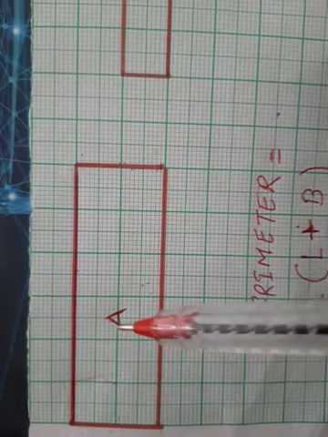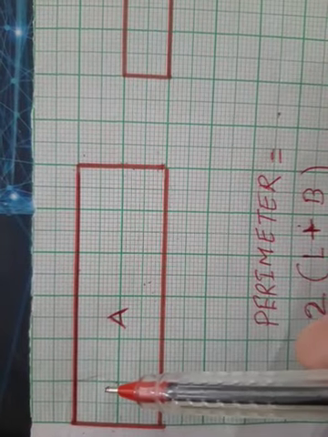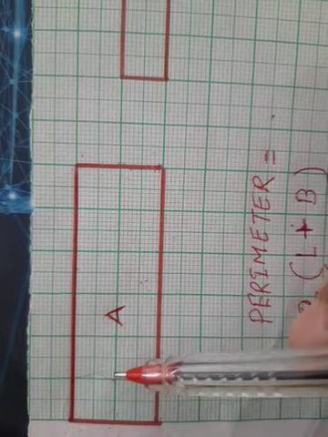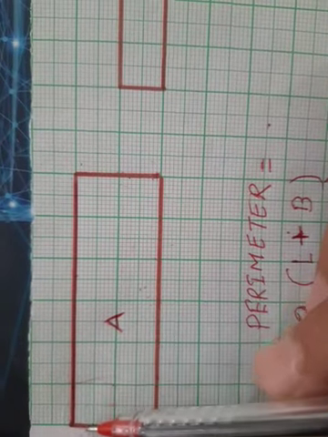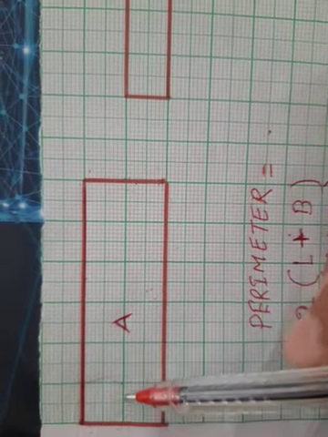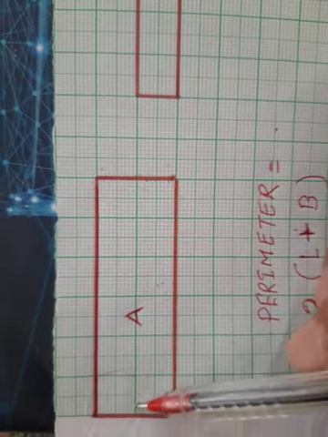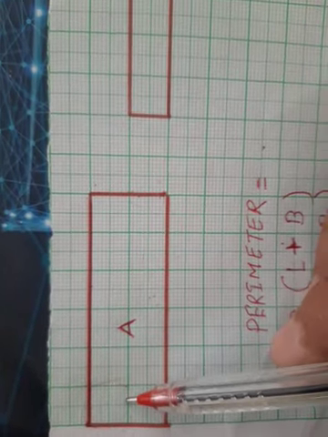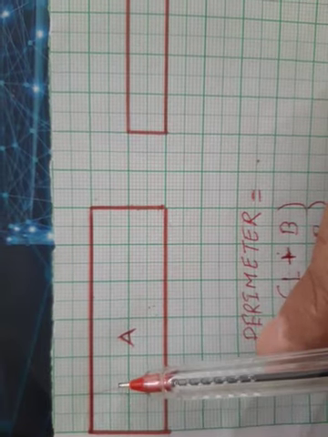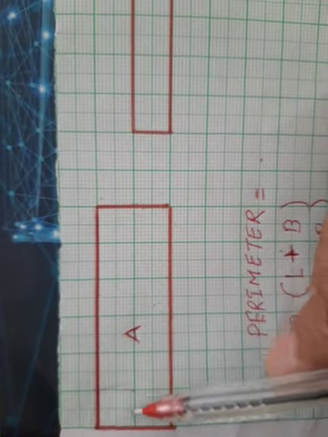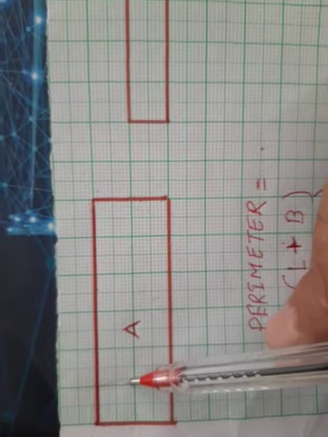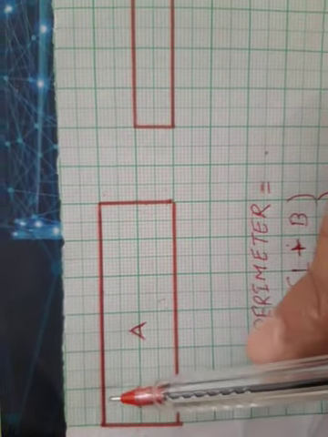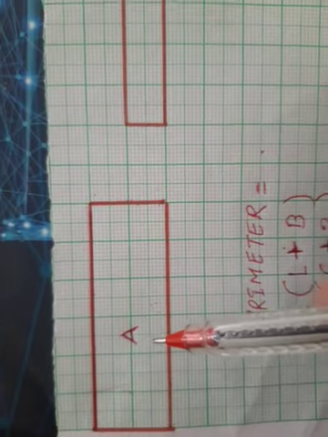So we know that the area of a rectangle is length into breadth. Here the area of only this one square will be 1 centimeter square. 1 centimeter square means 1 centimeter into 1 centimeter.